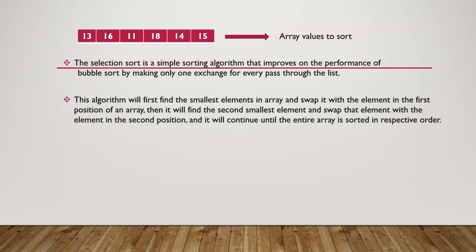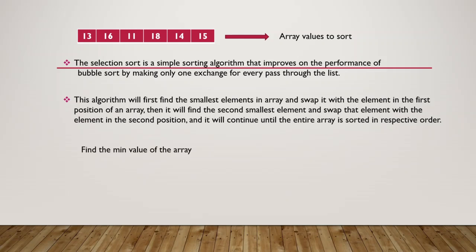Next, we'll be finding the second smallest element and swap it with the second position in the array. And it will continue till the end of the array, till the elements are sorted in respective order.